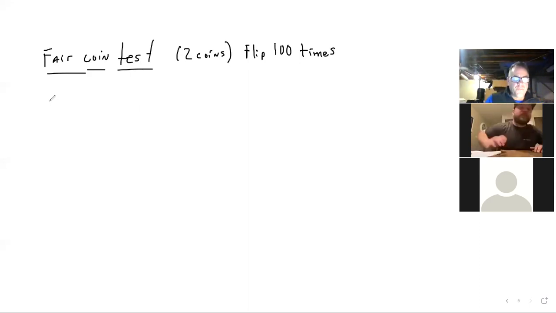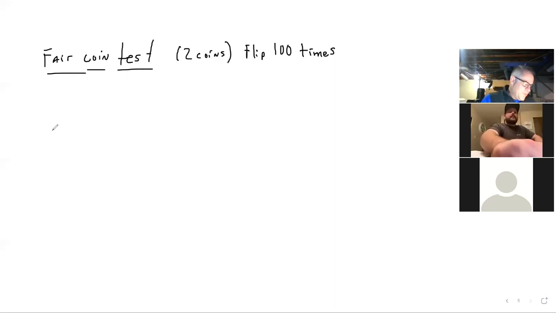Now, we looked at the 4 possible outcomes if I just flip one time: 2 tails, a head and a tail, a tail and a head, and the last possibility is head, head. So we're going to flip them 100 times.